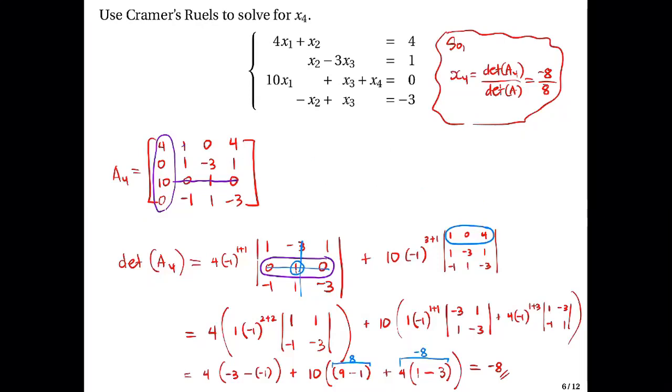So this is equal to -1. Okay? Questions?